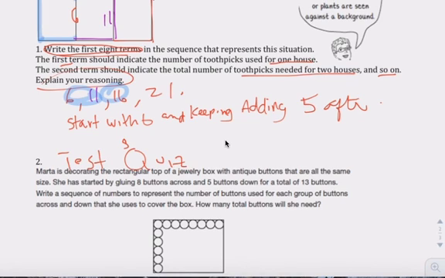Add 5 is 21, add 5 is 26, add 5 is 31, add 5 is 36, add 5 is 41. So this is 1 term, 2 terms, 3 terms, 4 terms, 5 terms, 6 terms, 7 terms, 8th term. The 8th term is 41.